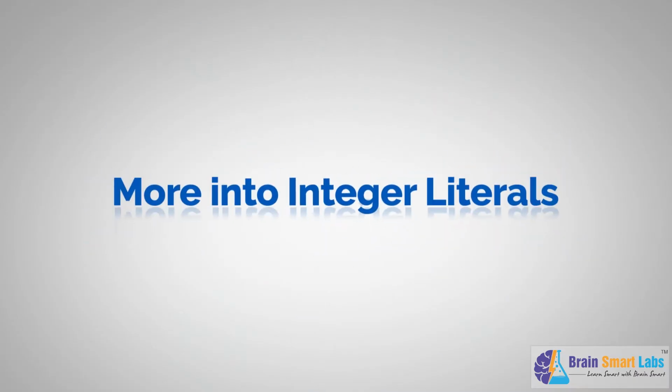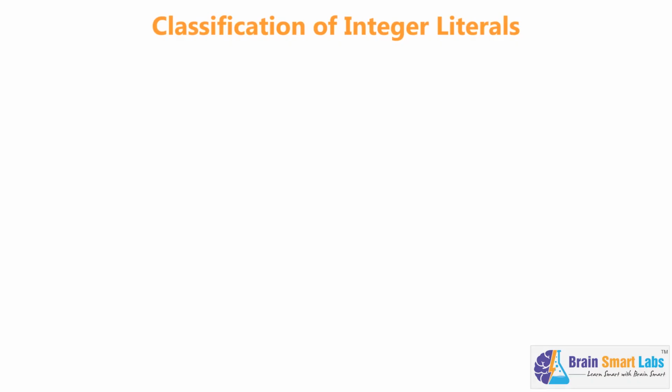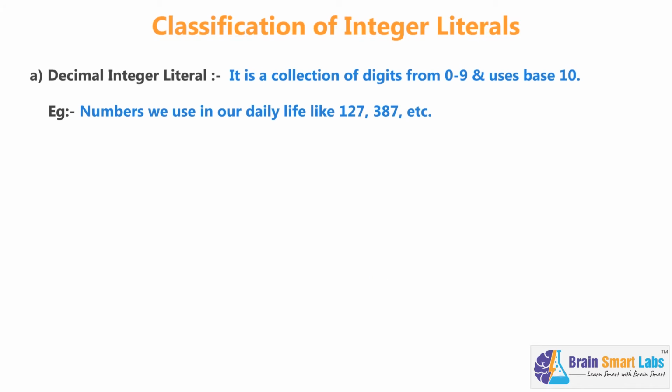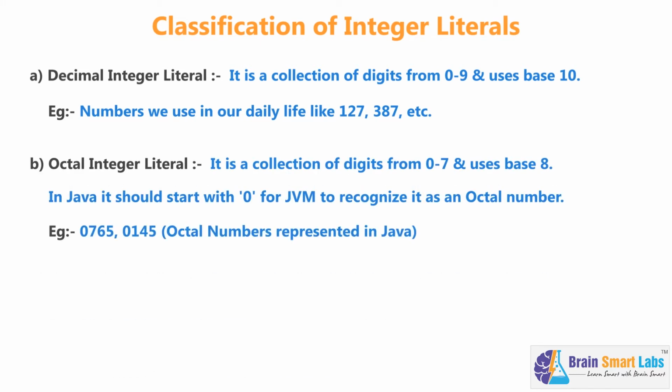More into integer literals. In integer literals, we have A. Decimal integer literal, which is a collection of digits 0 to 9 and follows base 10. For example, numbers that we use in our daily life like 127, 387, etc. B. We have octal integer literal, which are a collection of digits from 0 to 7 and follows base 8.